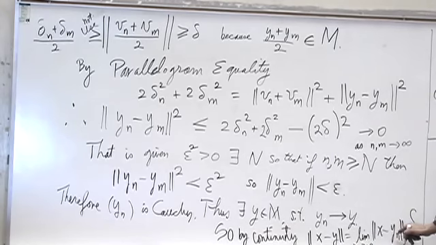This was just the distance between x and yn, which is delta n, so the limit is delta. Continuity of the norm. All right, so we have the existence part.